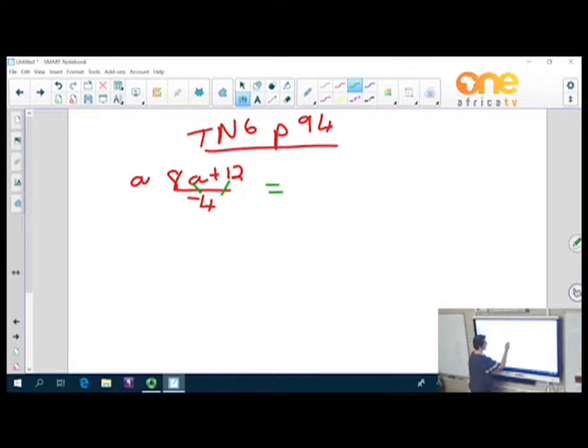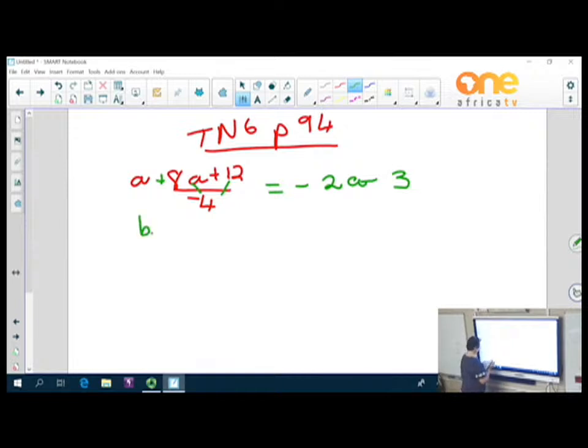That's what we're going to do. And then it works sign, number, letter. So a positive divided by a negative is a negative. 8 divided by 4 is 2. Now you do it with the same one there, 2a, the a remains there. Positive divided by negative is a negative, and 12 divided by 4 is 3.